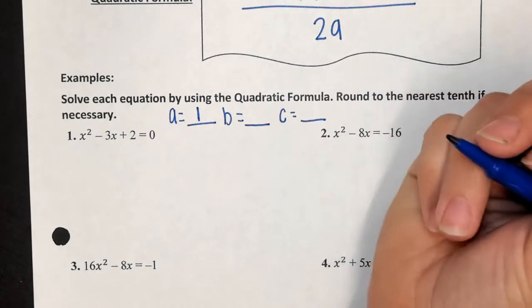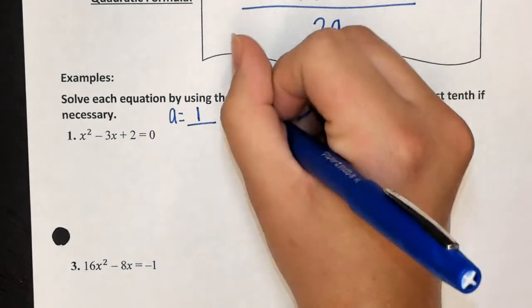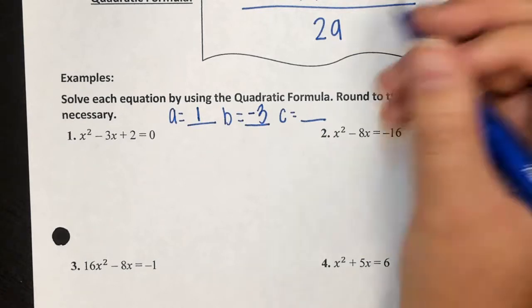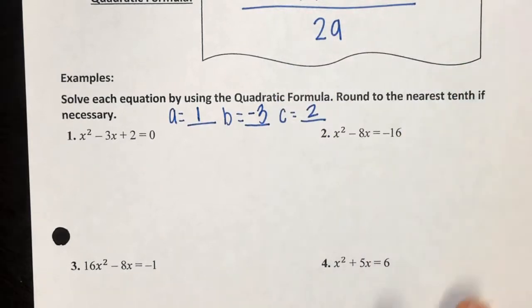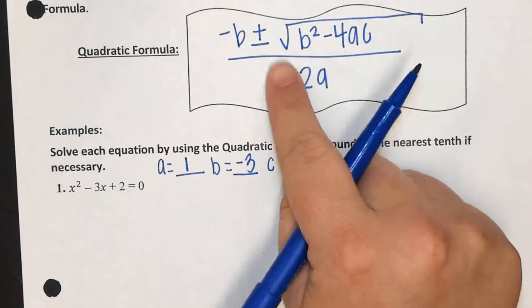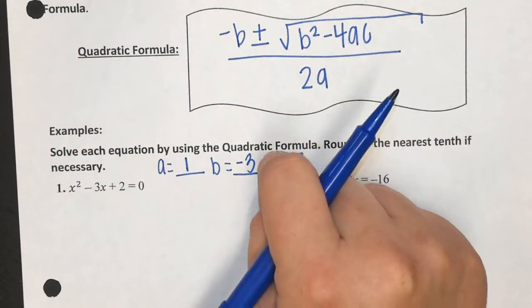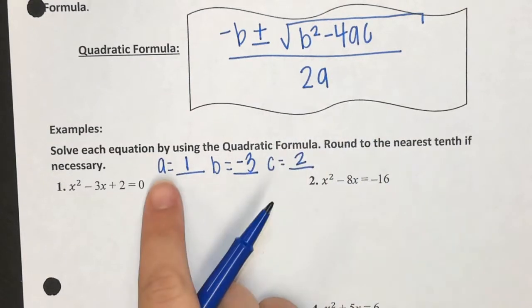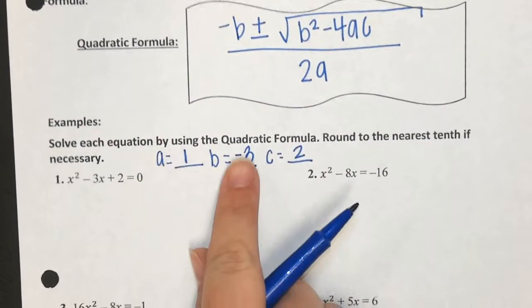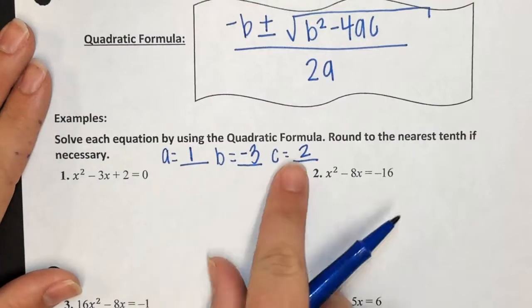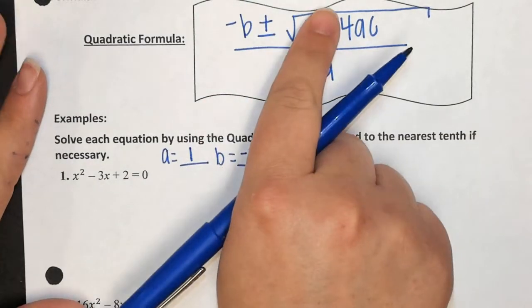Good. Jordan, what's B? Alyssa, what's C? 2. Now, if you look at this formula up here, there are B's and A's and C's. Now all you do is take these A's, B's, and C's and plug them into your formula.